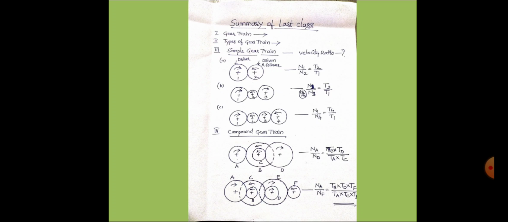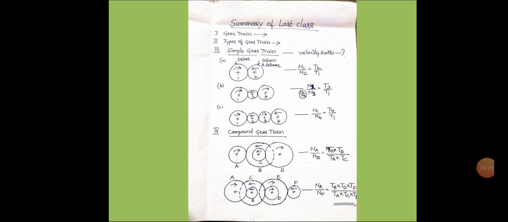How many driven gears? 3. B, D, F. Therefore, TB into TD into TF divided by product of number of teeth on the drivers. How many drivers are there? A, C, E. These 3 are driver gears. Therefore, TA into TC into TE.